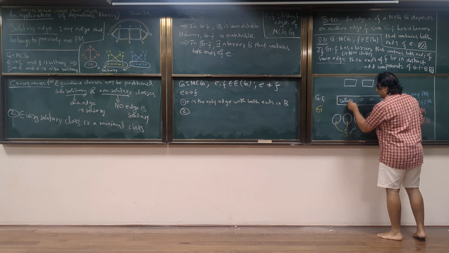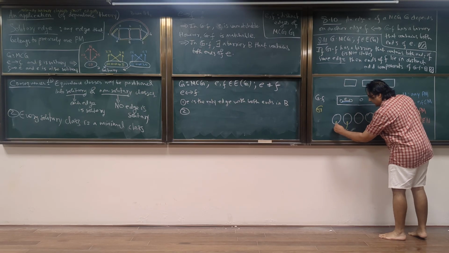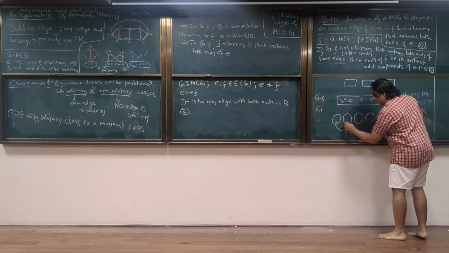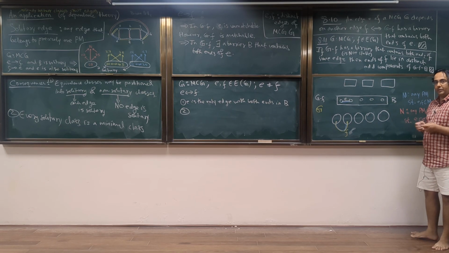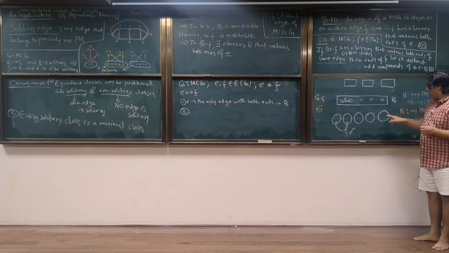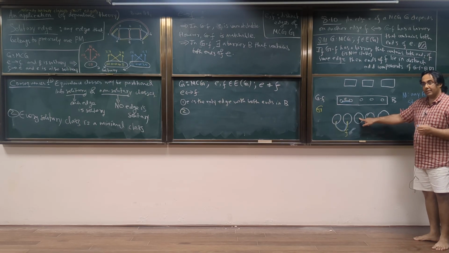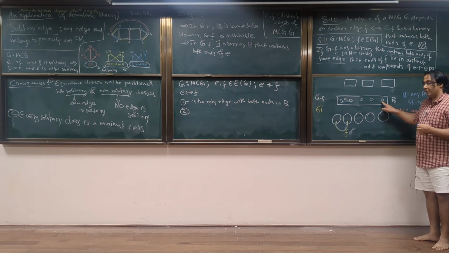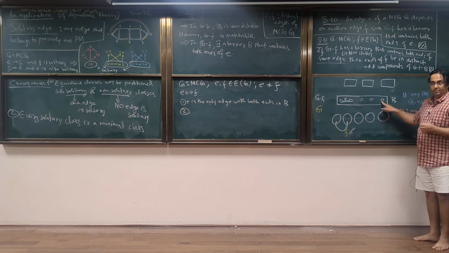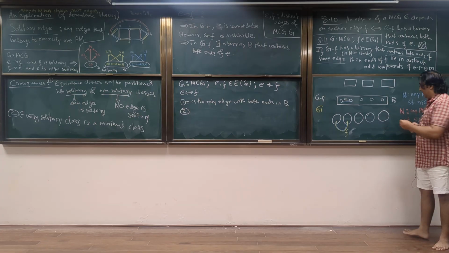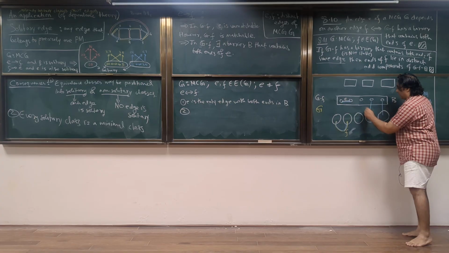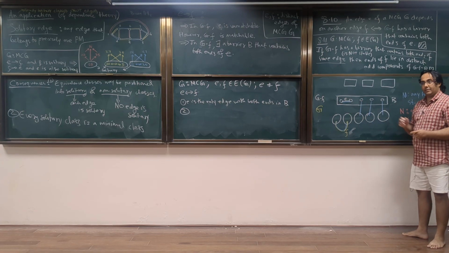I have to use the edge E, I have to use the edge F, but I have to match all the vertices. I have these three odd components, and I have three vertices here. So the only way to finish it is, without loss of generality, to do something like this.